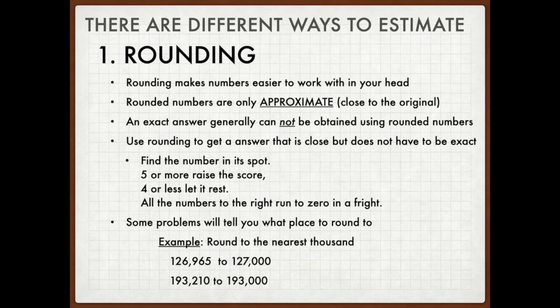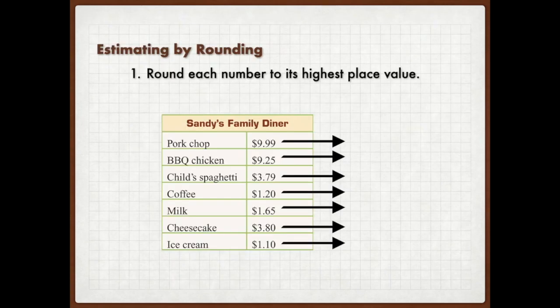The 3,000 is what we're going to be focusing on. I'm going to underline the 3. Circle the 2. 2 is less than 5, so 2 will not cause the 3 to round up. So it stays 193, but then everything to the right becomes 0. Okay, so we have to remember that.